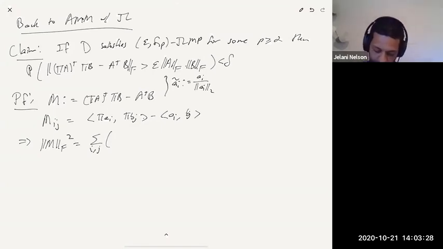Okay. So I can write that this is the same thing as pi Ai tilde dot pi Bj tilde minus Ai tilde dot Bj tilde. And then let me multiply back by what I divided by, the norm of Ai times the norm of Bj.